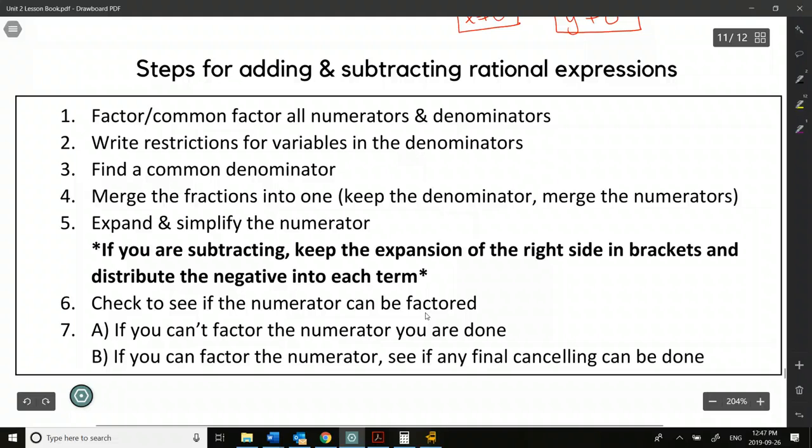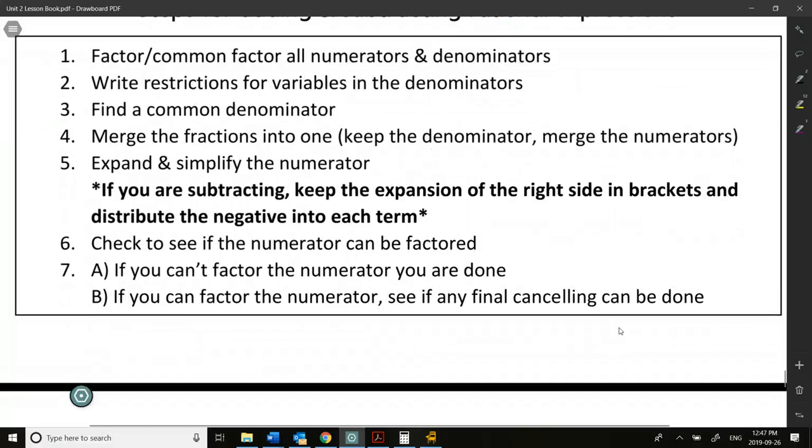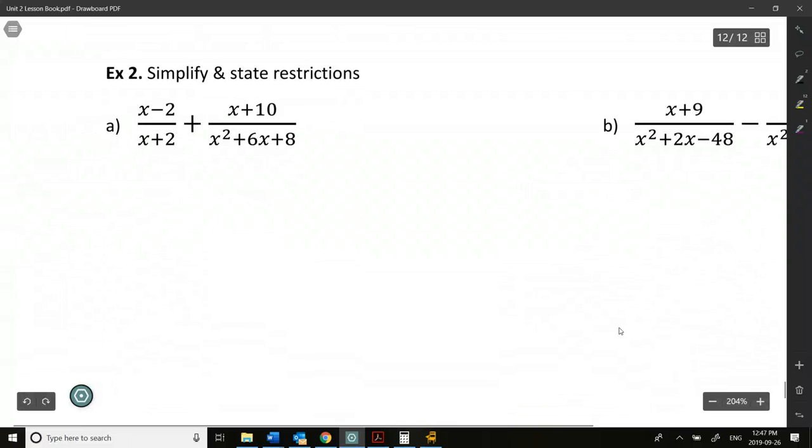Double check to see if your numerator can be factored anymore after you expand and simplify. And then you'll have two possible outcomes there. If I can't factor in step number 6, then I'm done. If I can factor, I will factor, and I'll see if any more canceling can be done. Okay? So there's a lot of steps here, but if you just follow the process, you'll get the hang of it. Okay, so let's try a couple here.